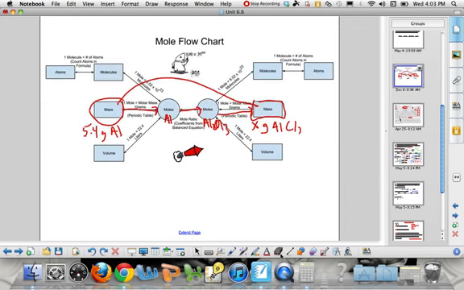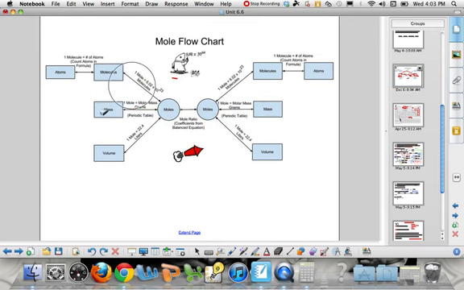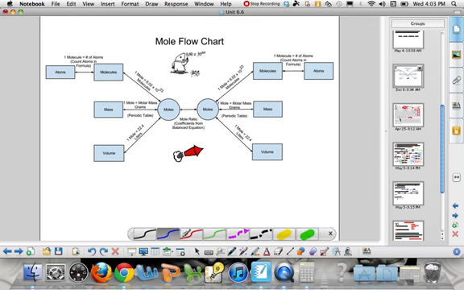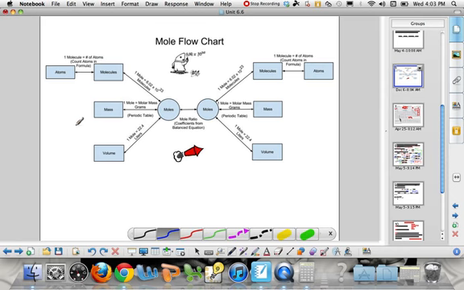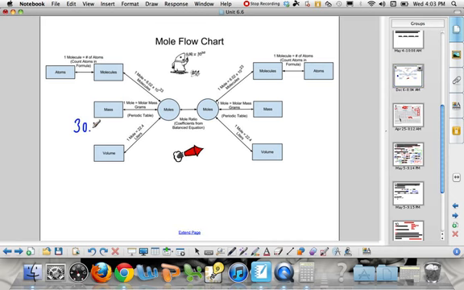Let's clean this up and look at this one more time with this flow chart here. In the example that we just talked about, we started out with 30.6 grams of aluminum chloride. So I was given 30.6 grams of aluminum chloride. They want me to figure out how many grams of chlorine will I need to do this reaction.